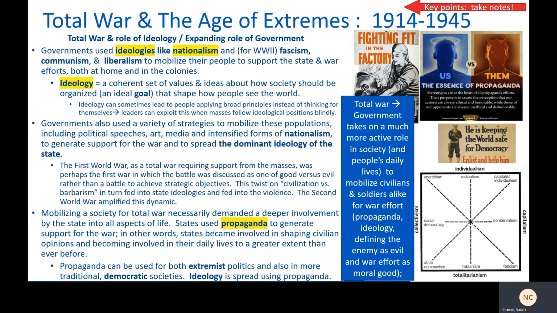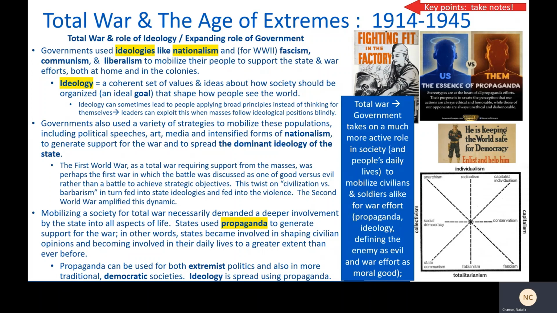All right, so because total war required full participation from the full population, governments had to get more involved and more creative about generating that kind of support. One of the ways they did that is they used ideologies like nationalism, some of which already existed.